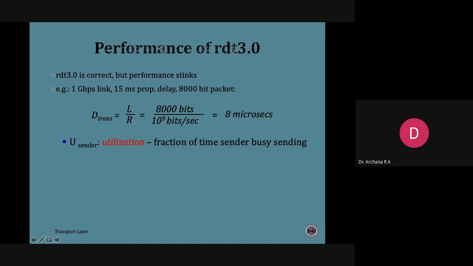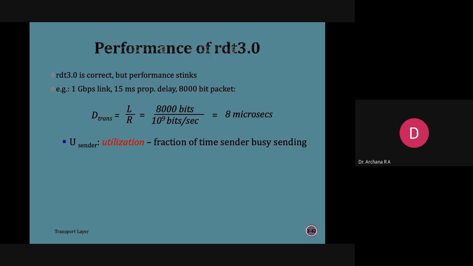Okay, so now what we have to do is identify the utilization factor. So what is the utilization factor? Utilization is nothing but the fraction of time the sender is busy sending. Suppose a 1 Gbps link is allocated for the sender.